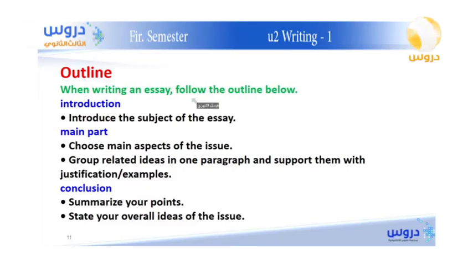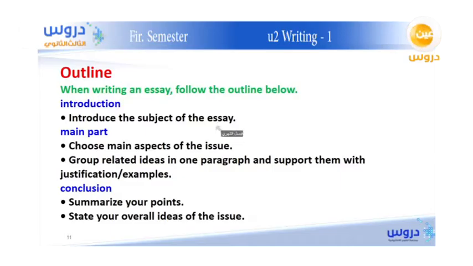Okay? Now, the outline. Usually when we write an essay, we start with the main things. So imagine the essay is a body. We have the introduction, which is the top, the main body in the middle, and finally the conclusion. When you write an essay, follow the outline.